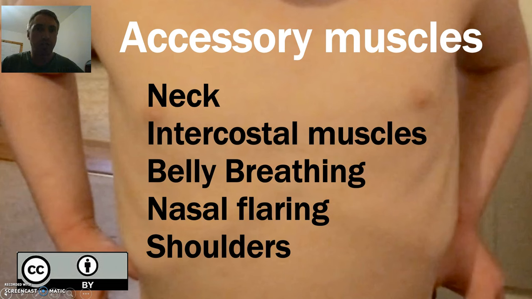You might see nasal flaring, or see them using their shoulders or positioning differently to enable them to breathe a bit easier. Some accessory muscle use and positioning are easy to see, and some you'll have to actually inspect to figure out.